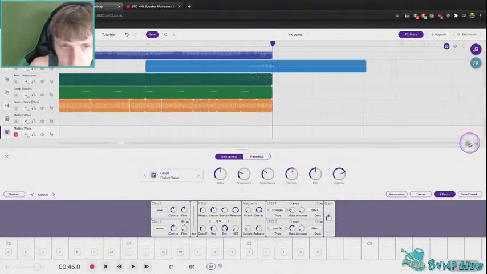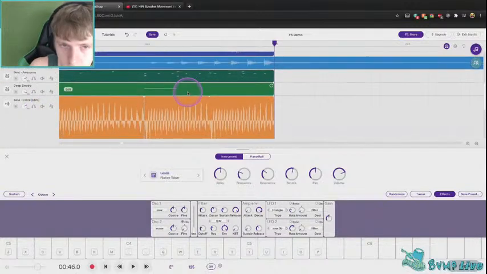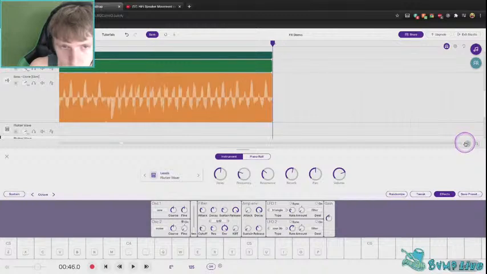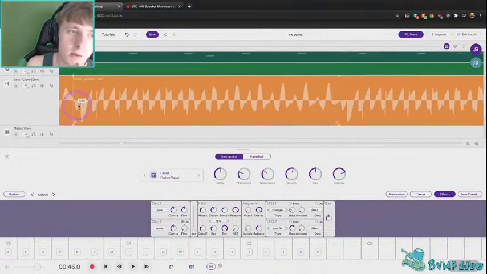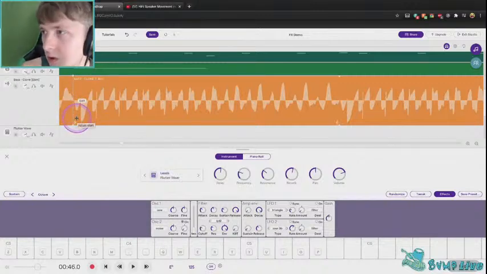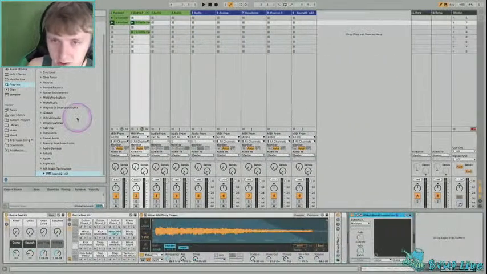If we were to go way in on this waveform for the bass sample, whenever it's on the bottom half, that would tell you when the speaker cone has moved inwards.